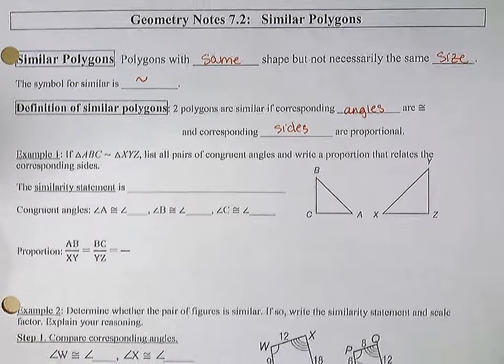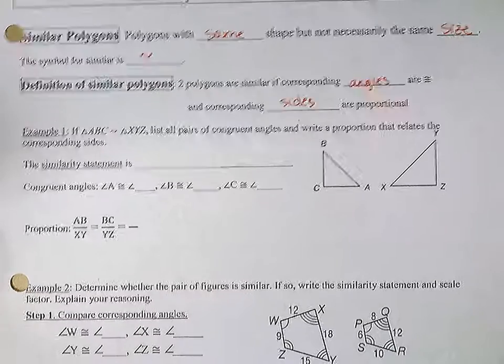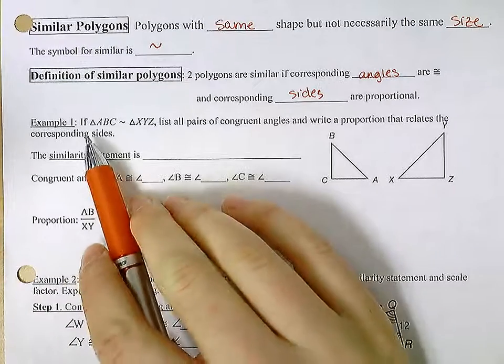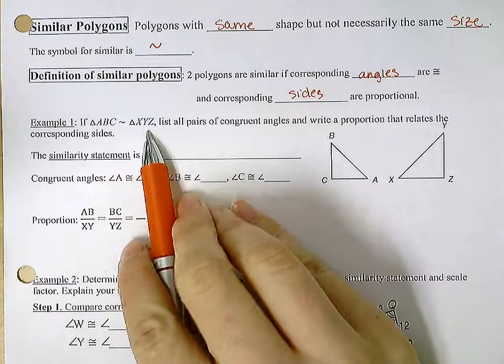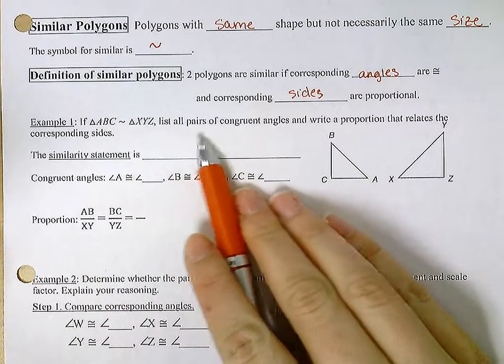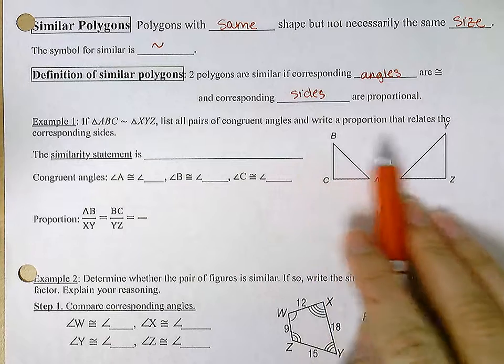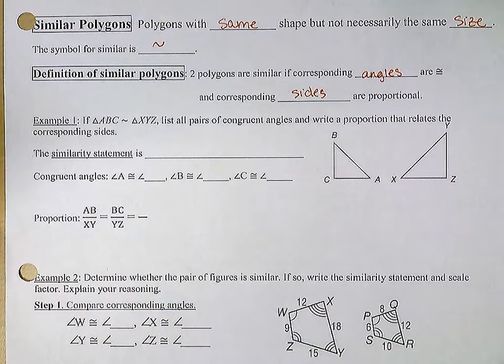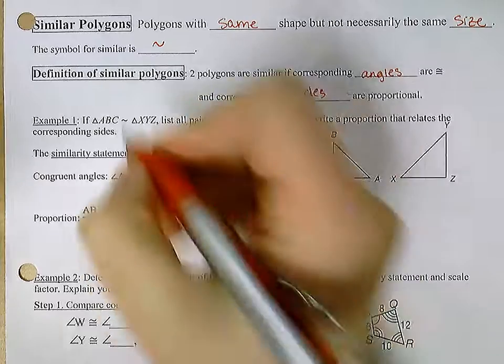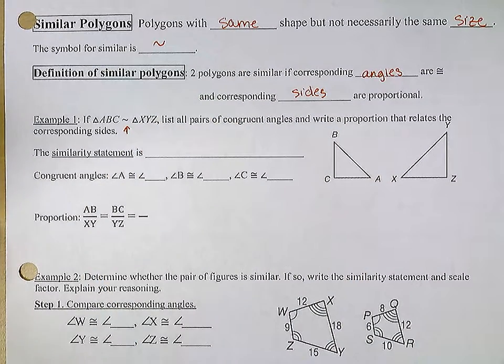So our first example here of similar polygons, if we have triangle ABC similar to triangle XYZ, we want to list all pairs of congruent angles and write a proportion that relates to the corresponding sides. So just like with congruent triangles, we do have a similarity statement. That is just what they used right here.